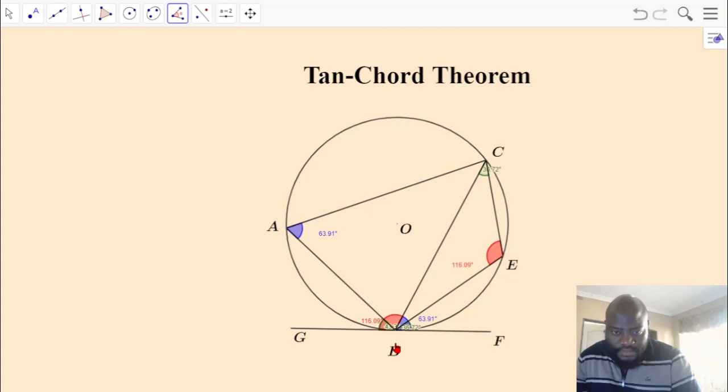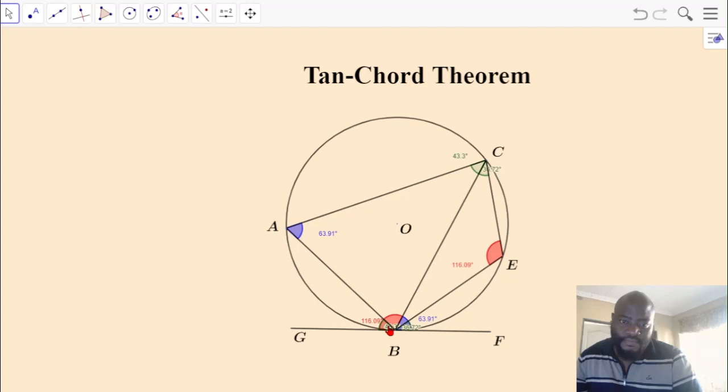Then let's see the angle that AB subtends. And then we have an angle over here. Let me just go back to that. It's 43.3. And we also have 43.3 here. We have 36.72 over here.